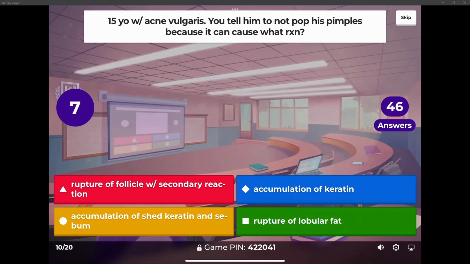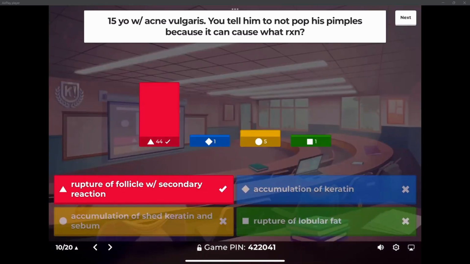Your accumulation of keratin inside the plug or accumulation of shed keratin and sebum, which is the oil inside the plug. Rupture of lobular flat fat is not the answer. Obviously, secondary reaction, you're causing all those inflammatory products that are stuck inside the plug. Now you're breaking it by popping it, and those reactants spread to the surrounding tissue, cause secondary reactions nearby.